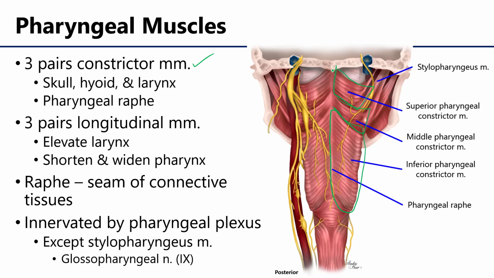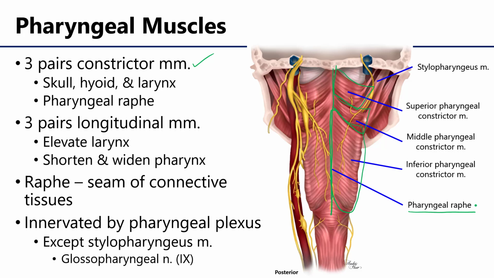These constrictor muscles all are going to attach to either elements of the skull or the hyoid bone or the larynx anteriorly, and posteriorly come together along a midline seam called the pharyngeal raphe.